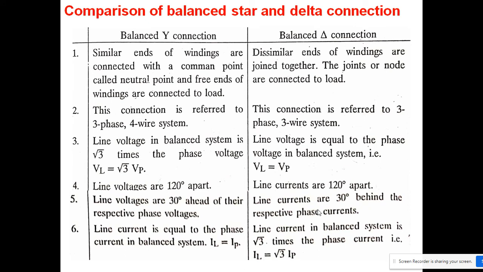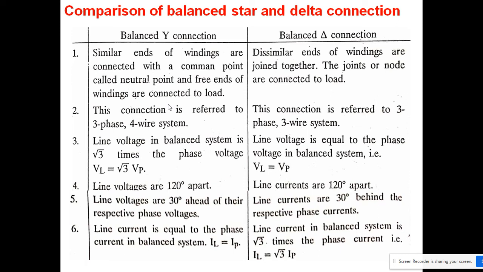Now we will see what is the difference between star and delta connection. This one is the delta connection; star is represented by capital Y because it looks like Y. So what are the differences? Here the similar ends of the windings are connected to a common point called the neutral point, and the free ends of the windings are connected to the load.